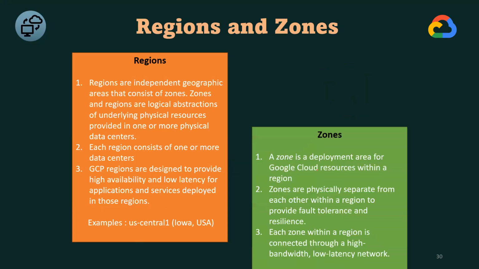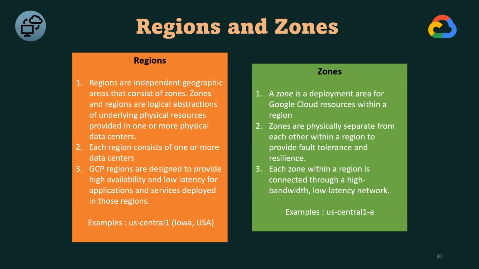Now zones. A zone is a deployment area for Google Cloud resources within a region. Why do they say deployment area? Suppose I have a zone here and that zone has some virtual machine, and someone, you or me, wants to deploy an application on top of this virtual machine.